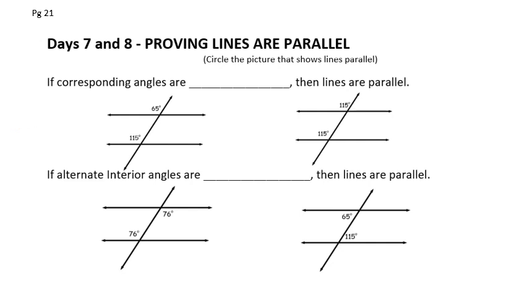Now that we're in upper level math, we have to actually take our time and look at what's given to us in the picture. So in each of these pairs, we have one where the lines are parallel, and we have one where they aren't, but they might look like it. So what I'm going to write here is: if corresponding angles are congruent.